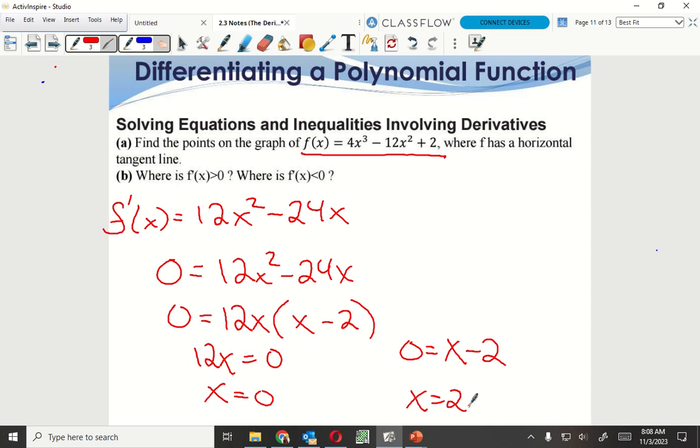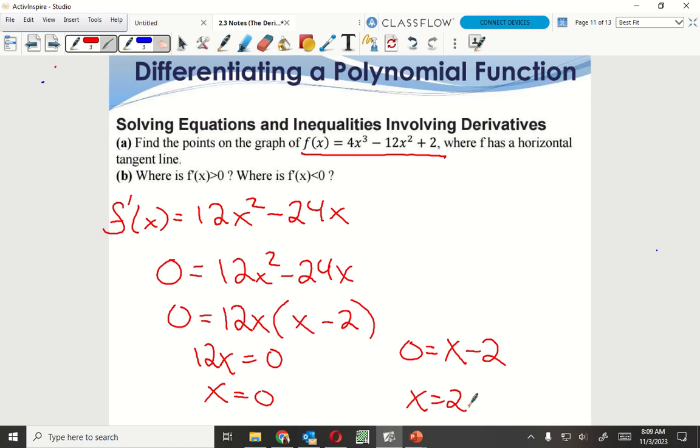Again, anything times 0 is 0. So I have two places where the whole thing is going to be equal to 0. So my slope is going to be equal to 0 when x equals 0 and x equals 2. So there are two places where it's going to have a horizontal tangent. Right? Horizontal tangent line.